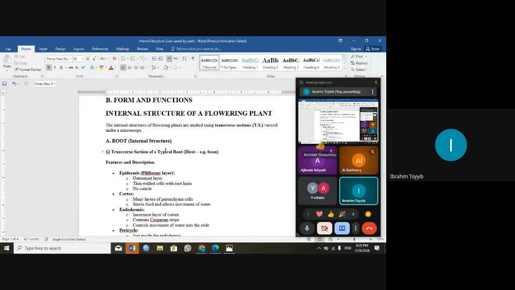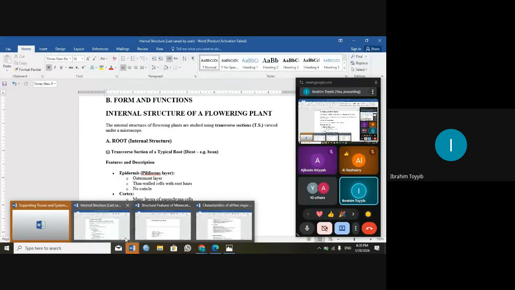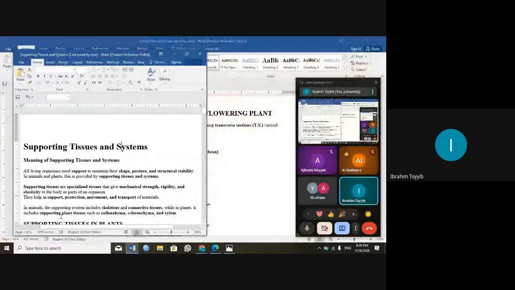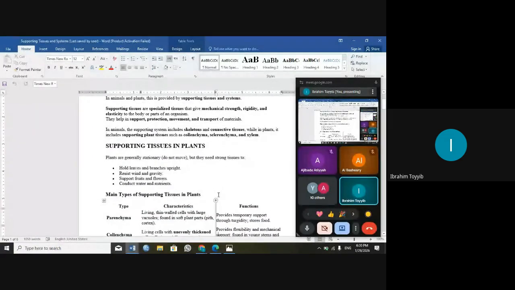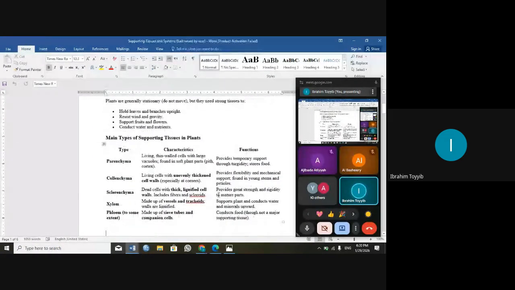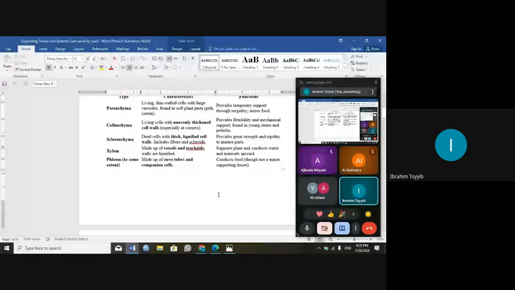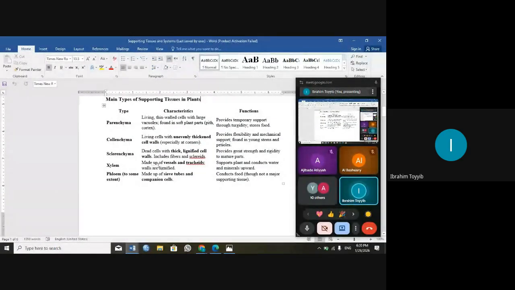In phloem, we have sieve tube and companion cells. All these we look at, they are just supporting tissues in plants. So you can see, in xylem we have vessels and tracheids. In phloem, we have sieve tube and companion cells. So can you see parenchyma, collenchyma, sclerenchyma, xylem, and phloem?